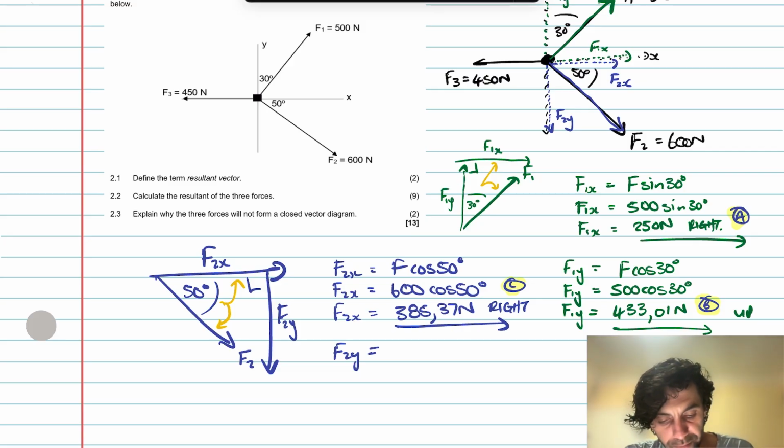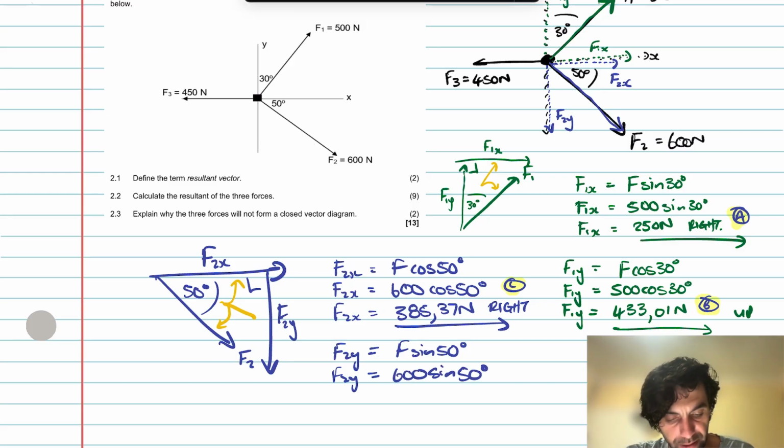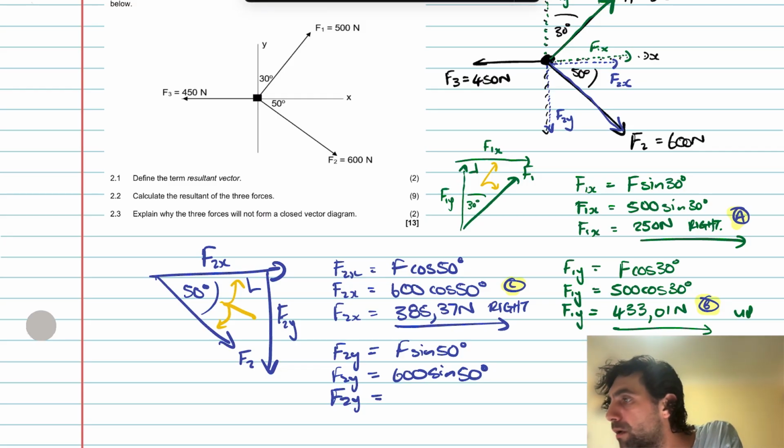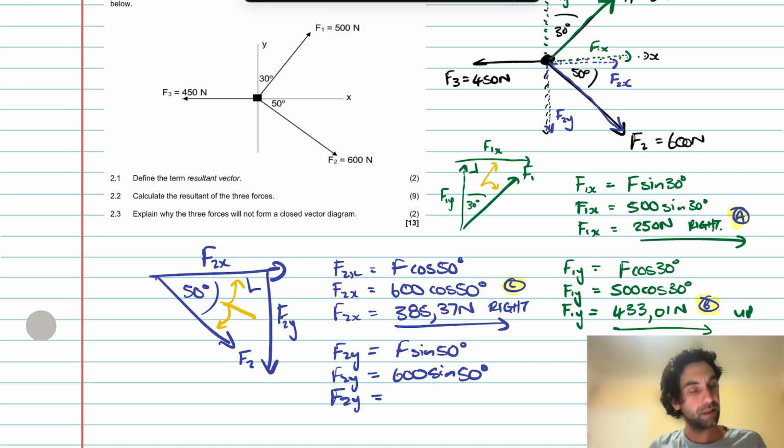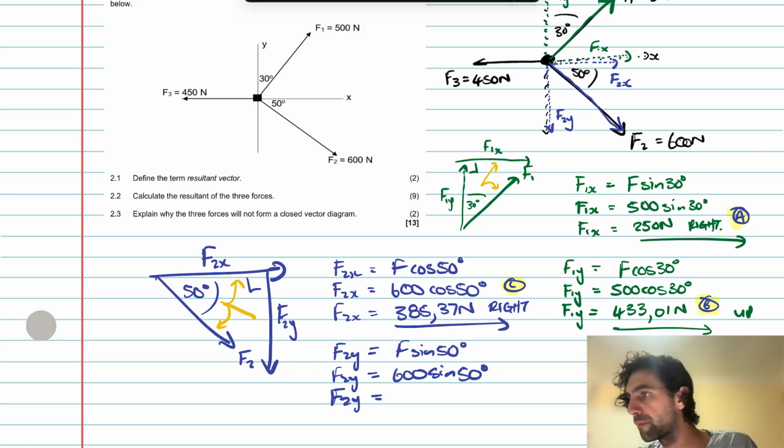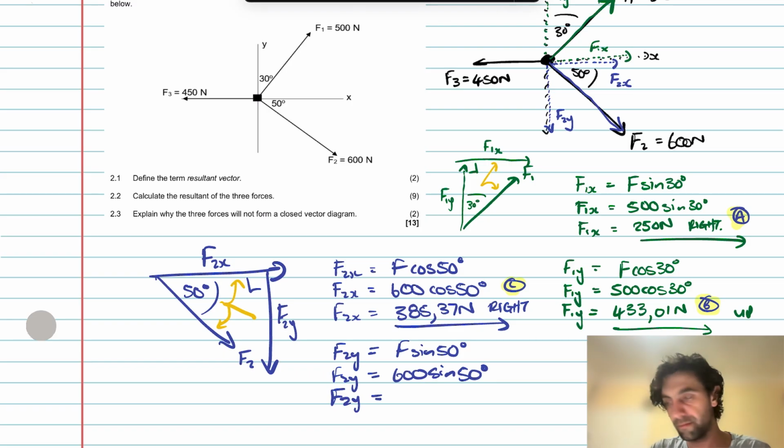All right, last but not least, let's get our vertical components here. What we have is this opposite over hypotenuse. So that is going to be F sine of 50 degrees. So F2y gives us 600 sine 50. So F2y is equal to, 600 sine 50, oh, there it is.